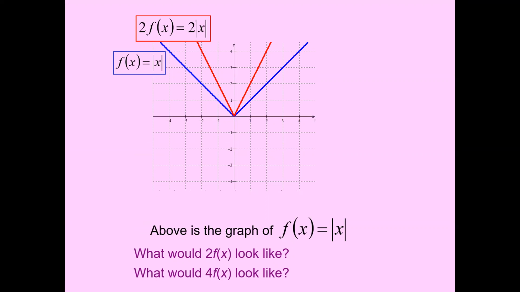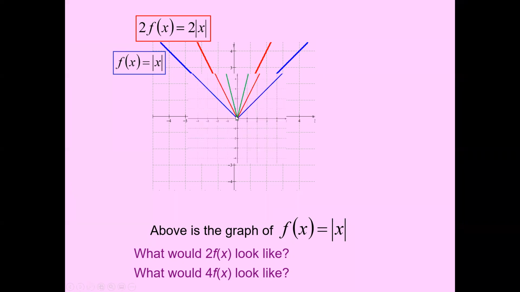Okay, what will happen if we multiply by 4? 4 times f of x. Well, you're going to be multiplying it by 4. So if this one was a 2, most likely this one right here is going to become a 4. And most likely this one will also become another 4 here.